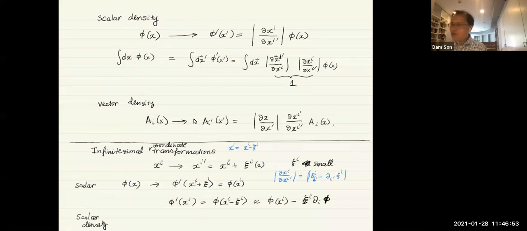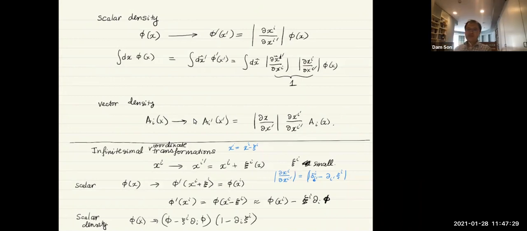It's almost a unit matrix with very little change in the elements. The determinant of such a matrix is basically the product of the diagonal elements. So in the scalar density case, all we need to do is to multiply that thing by the determinant here, which is 1 minus ∂_i ξ^i.